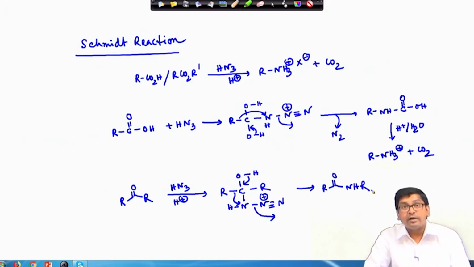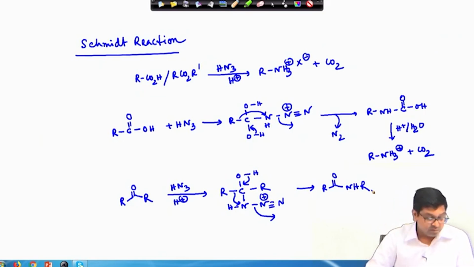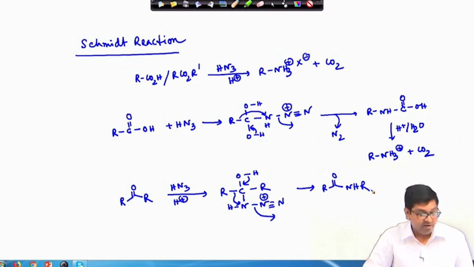Okay. So, if you start from carboxylic acid, that will give you the corresponding amine, and if you start from the ketones, you will get the corresponding amides. Fine.